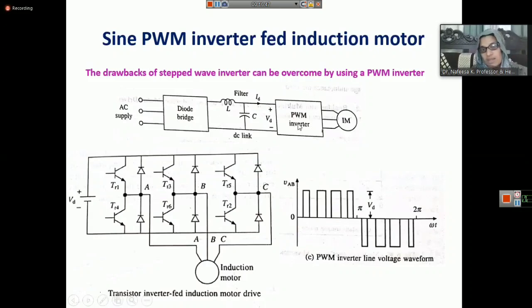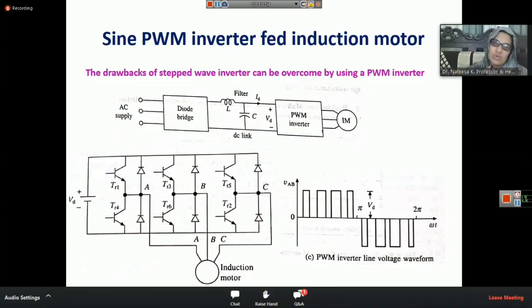This PWM inverter itself gives a variable voltage, variable frequency output to the induction motor. In the previous square wave inverter, the variable frequency is varied by controlling the turn on of switches, and for varying the output of the VSI, we need to vary the input voltage.